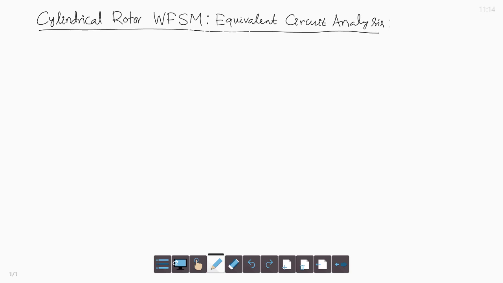So, first point is the equivalent circuit is developed in the same line as that for induction motor.